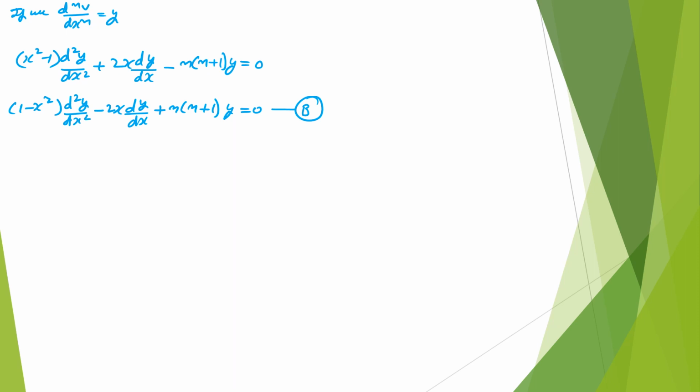So the solution of this equation, equation B, is y is equal to d^n y by dx^n, and this value is equal to d^n v over dx^n, the nth time derivative of v with respect to x.